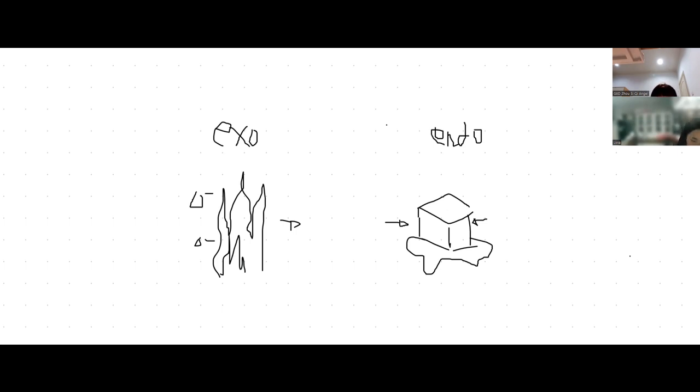So first of all, let's talk about the collision theory. The collision theory is that when an element collides with another element, they make a new product.